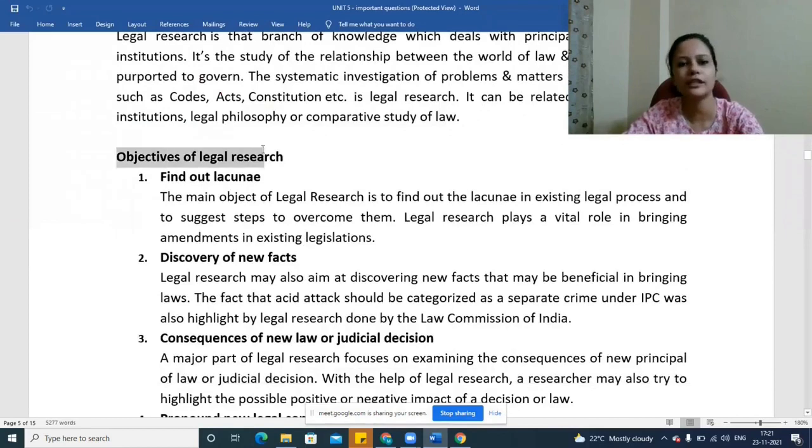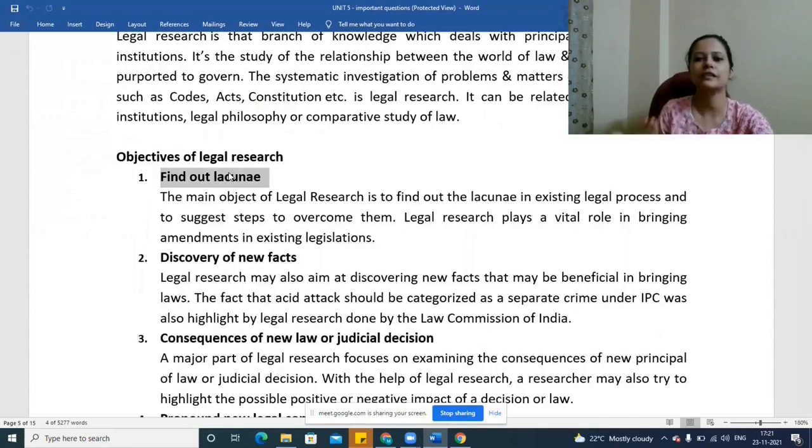Now, objectives of legal research. What are the main objectives, what might be the main purposes for which people take up legal research? First of all, find out the lacuna. We know, right, that law is not static. Law will change with time so that it can address needs of the present day situation.